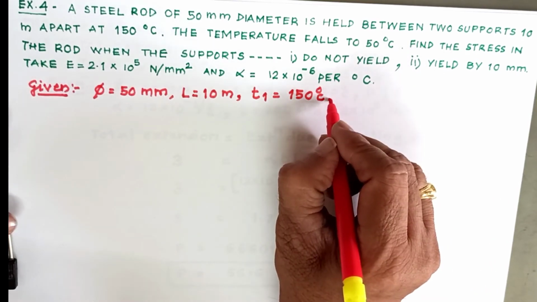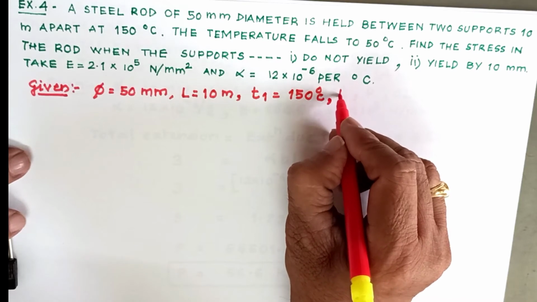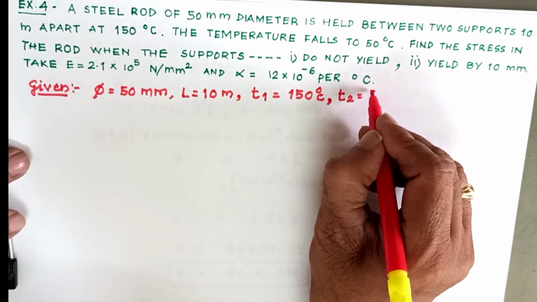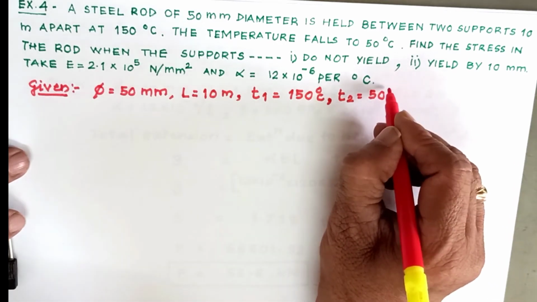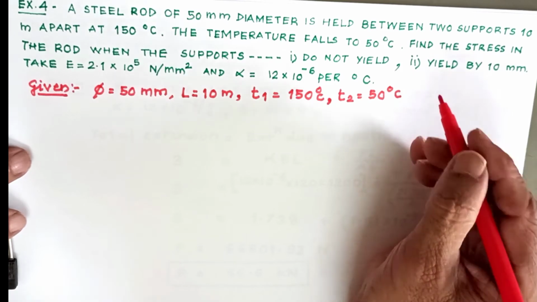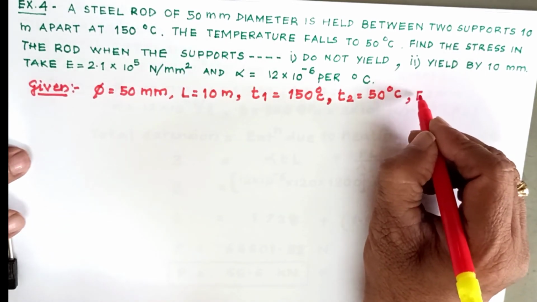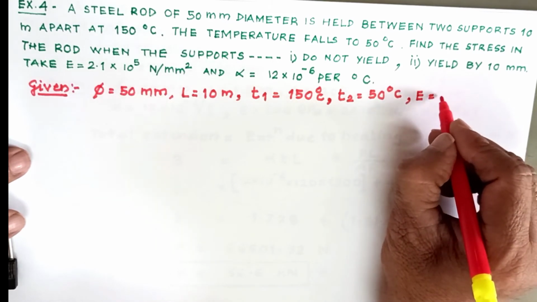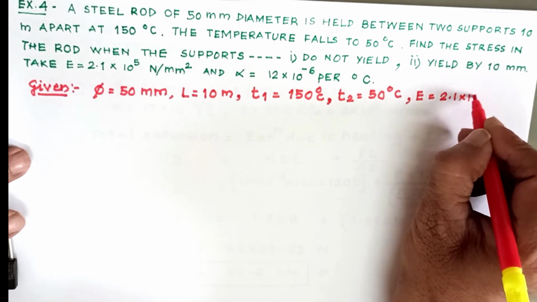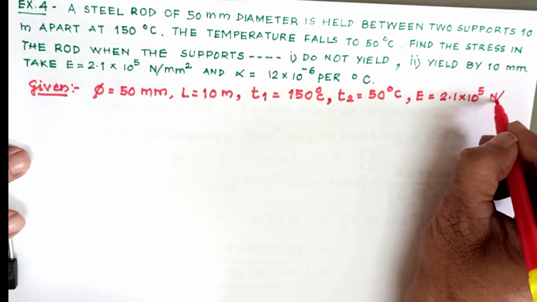The temperature falls, so temperature stress will be tensile in nature. T2 is given 50 degrees Celsius. E is given as usual 2.1 into 10 raised to 5 Newton per mm square.